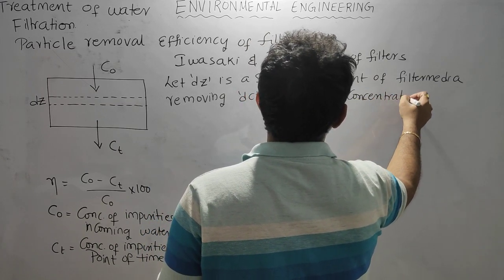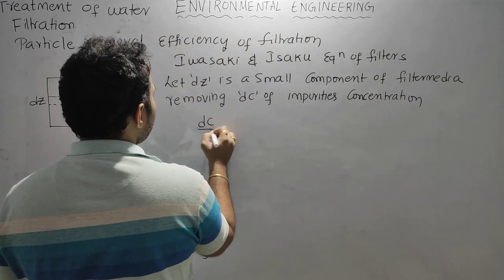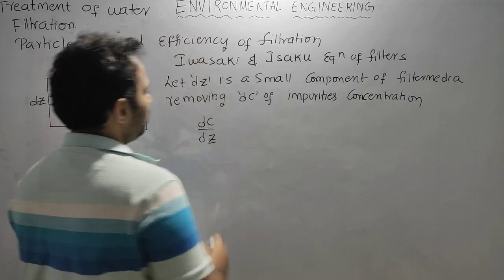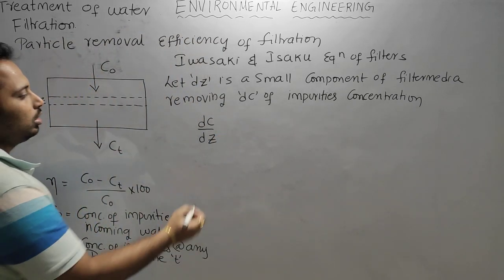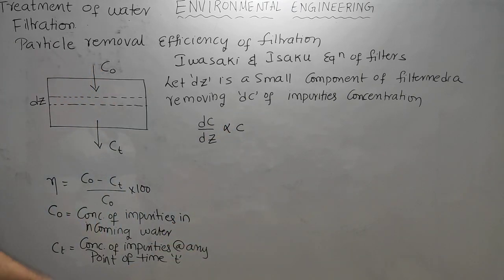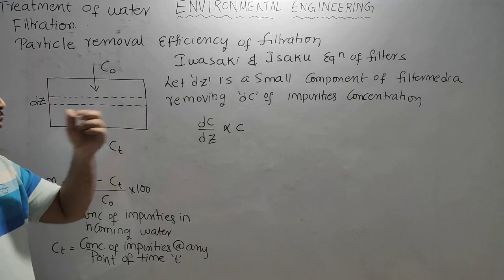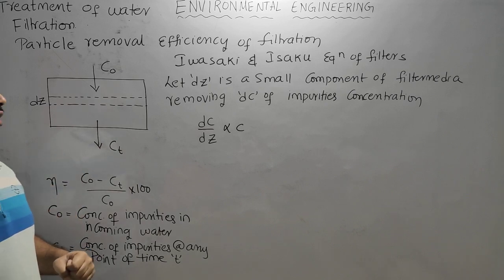Then the rate of removal, that is dc by dz, is proportional to the concentration of impurities present inside the water. If the concentration is more, then more impurities will be removed by unit depth of filter. And if the concentration of the impurity is less, then less amount of impurities are removed in the filter media.